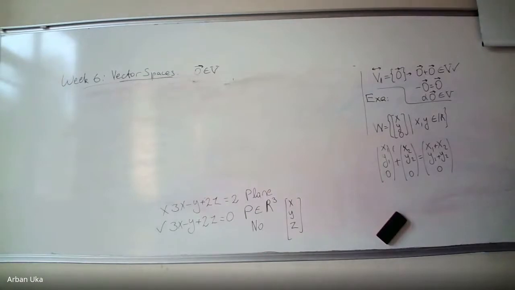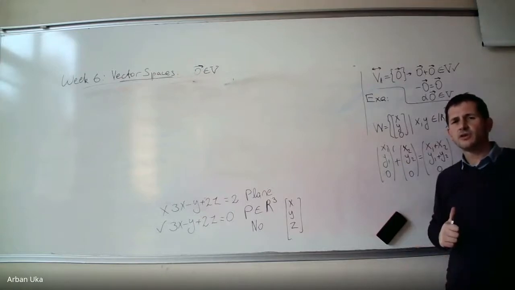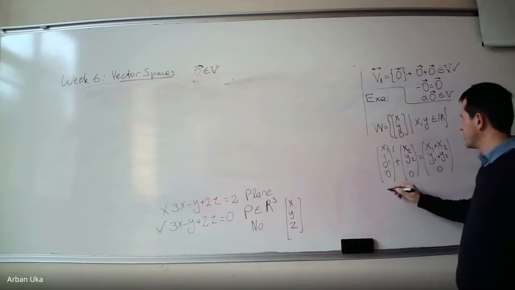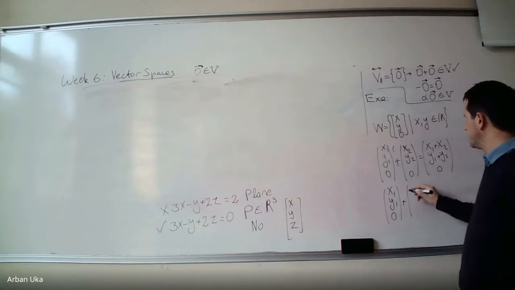Yes, because x1 plus x2 is still a real number, y1 plus y2 is still a real number, and 0 is 0. So we have a vector where the third component is always 0. Then we can check whether the negative of these numbers exist. We have x1, y1, plus, can we find a minus x1? Yes, we can.